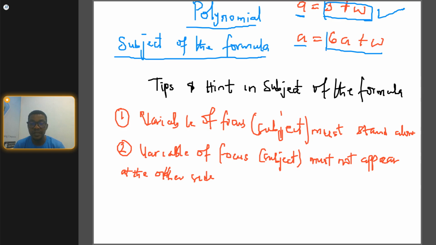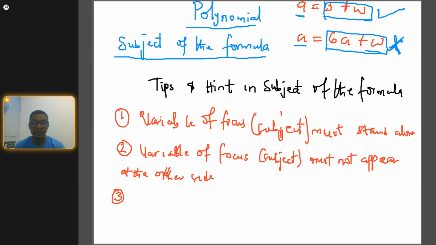Do we have A in this expression? 6A plus W. Yes. So this is wrong. This is not the way to present a subject of the formula. It is not allowed. I believe you get the point now. So let's proceed.